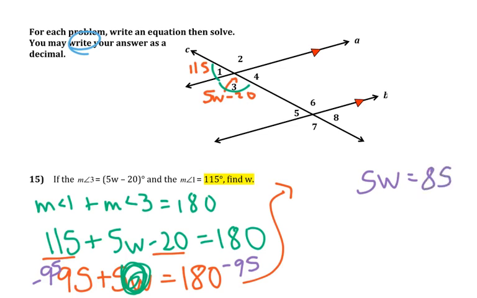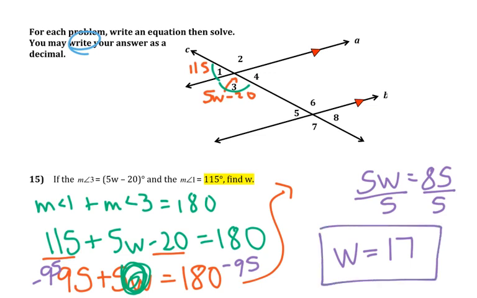Now it's a one-step equation: 5 times w, so I'm going to divide by 5. And so w is equal to 17. I used the properties of parallel lines and properties for solving an equation to figure that out.